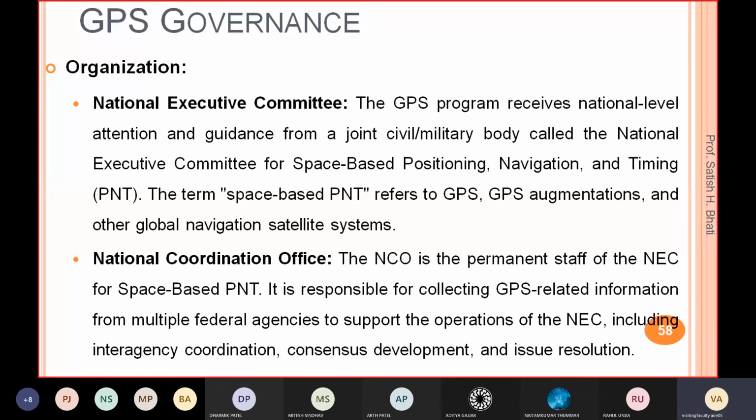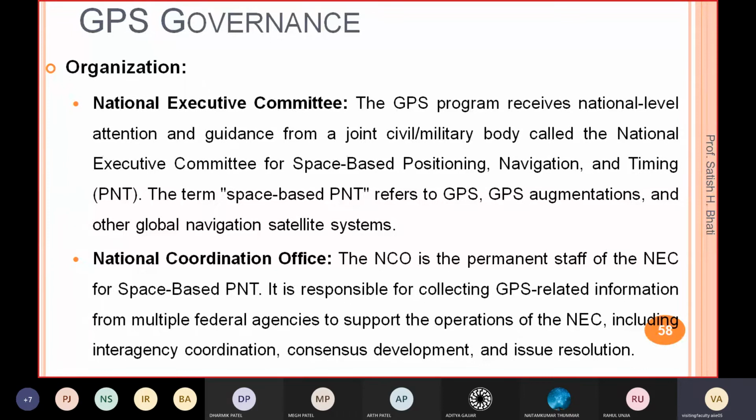So the National Executive Committee: the GPS program receives national level attention and guidance from the joint civil and military body called the National Executive Committee for Space-Based Positioning, Navigation, and Timing. Right? This positioning, navigation, timing is known as PNT. So this term space-based PNT refers to the GPS, GPS augmentations, and the other global navigation satellite systems. Right? So this committee is part of it.